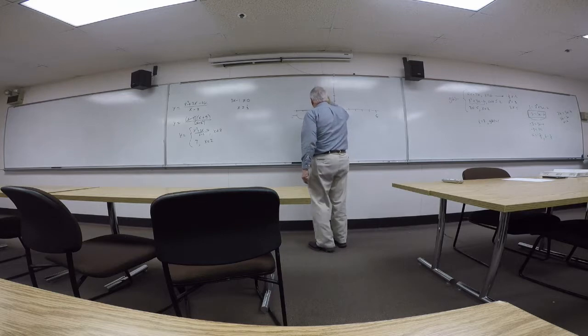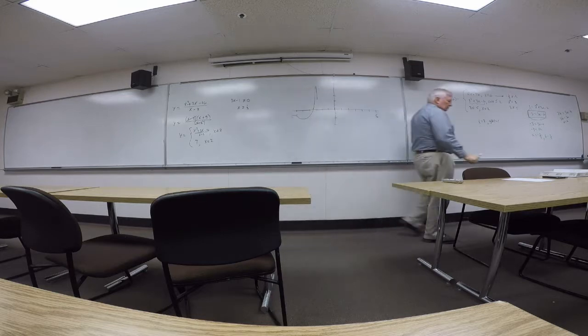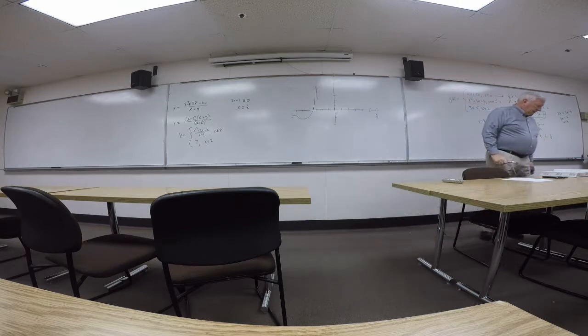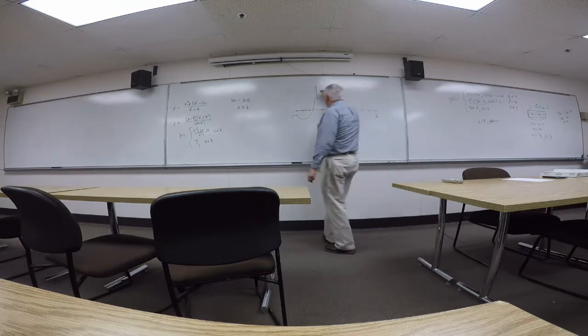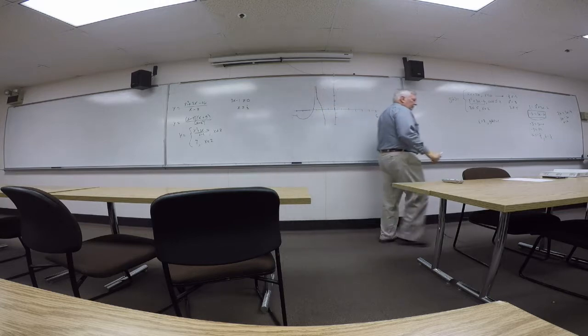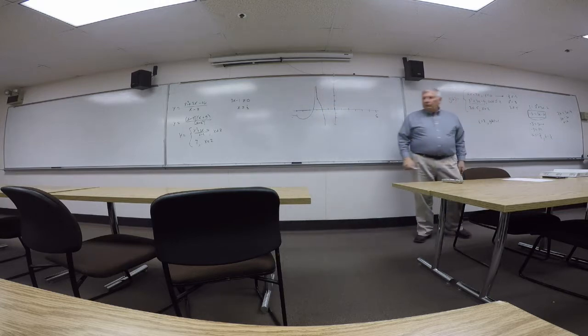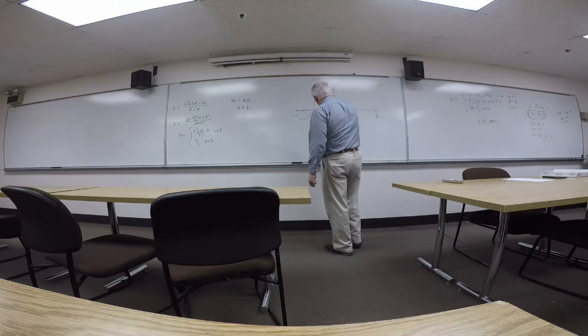This way, it dives down from here toward, goes through negative 2, and dives this way. Where does it dive to? Oh, it goes all the way over to 0. Dives toward 0.